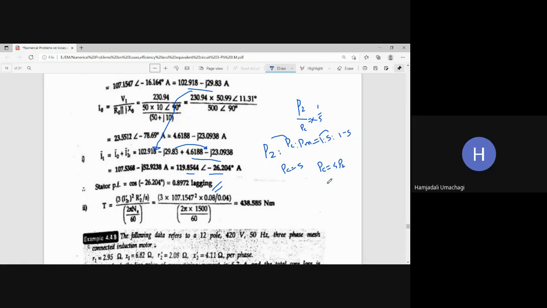Or else rotor input P2 will be equal to rotor copper loss PC upon slip S.